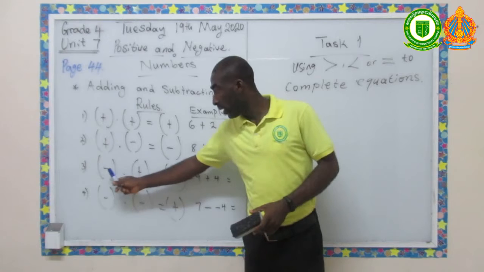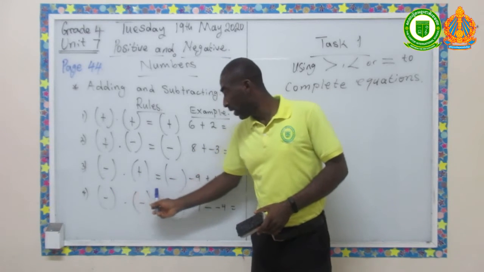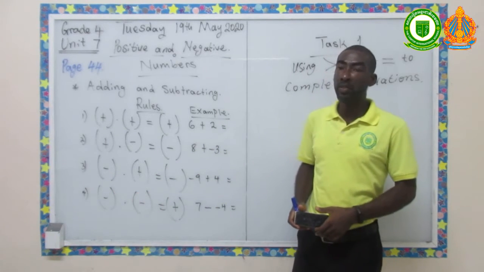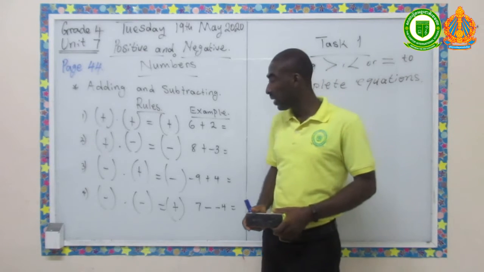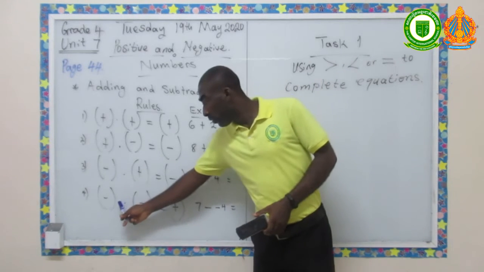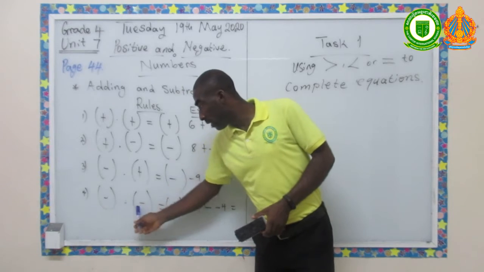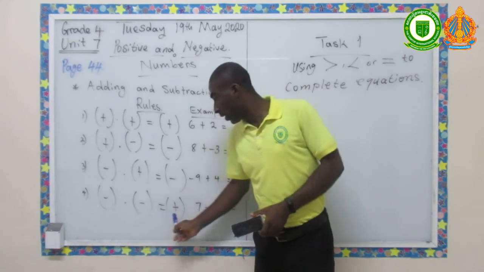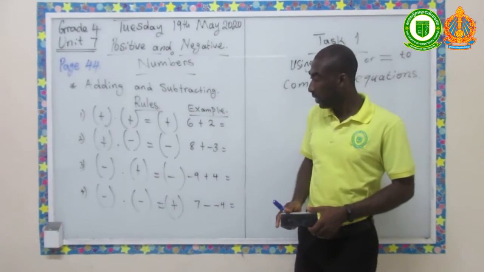The same way, a negative sign and a positive sign will also give you a negative sign. The fourth rule is that whenever 2 negatives come together, they tend to become positive.